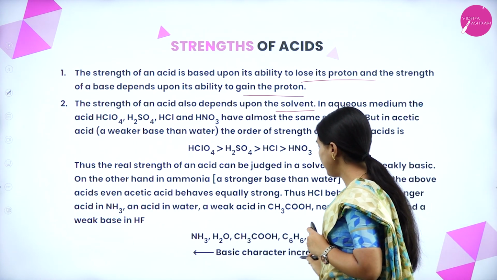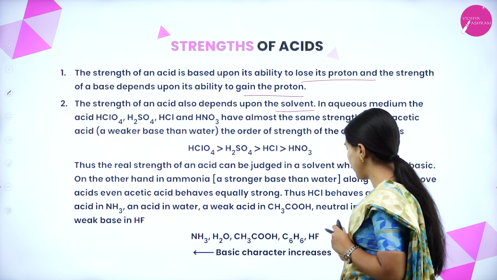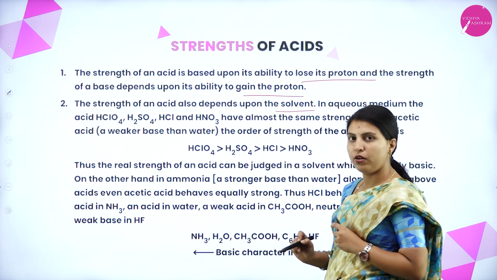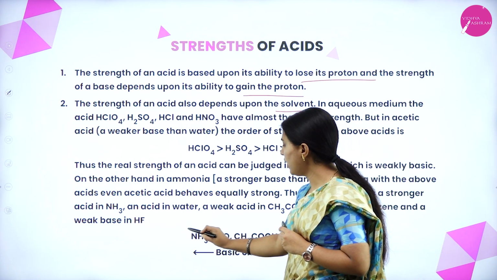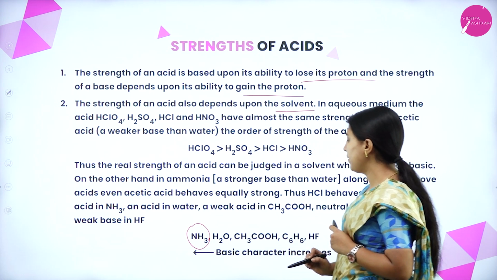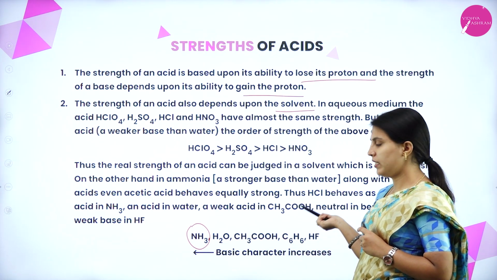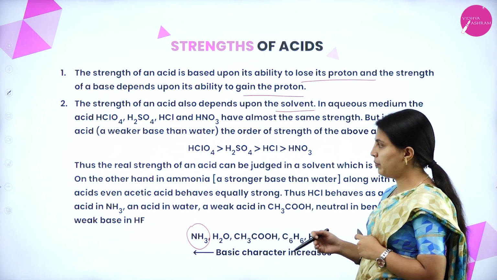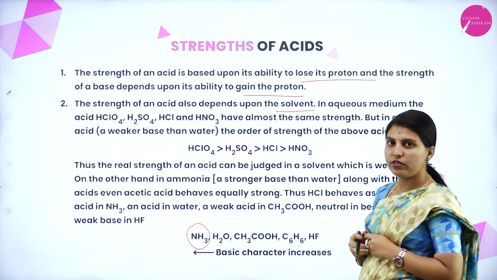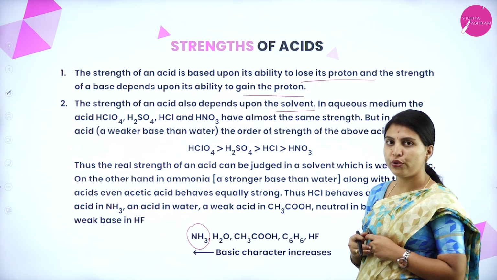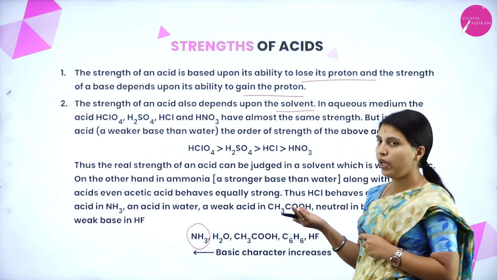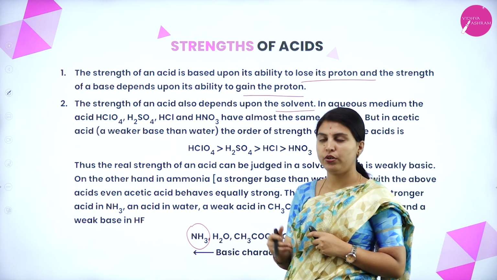See here, the basic character increases from HF to ammonia. So ammonia is the strongest base, next water, next CH3COOH, next benzene and HF. It means the strength of an acid also depends on the solvent, not only on the H plus accepting or donating.